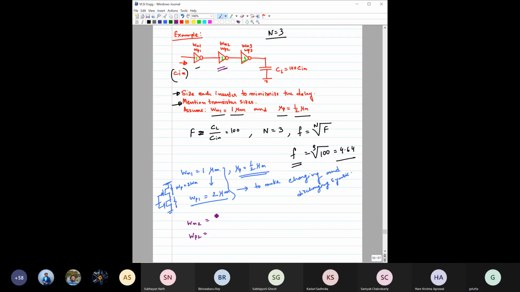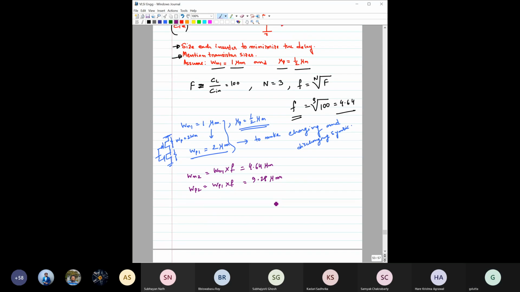It would be WN1 into F, and WP1 into F. So it will be 4.64 micrometer, and this would be 2 times of this, 9.28 micrometer.